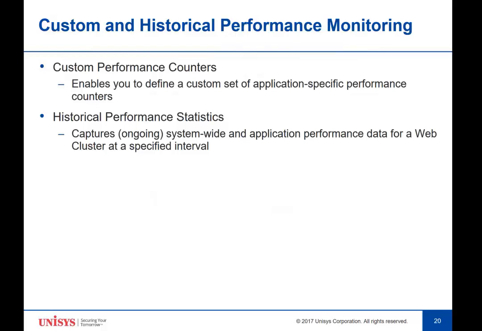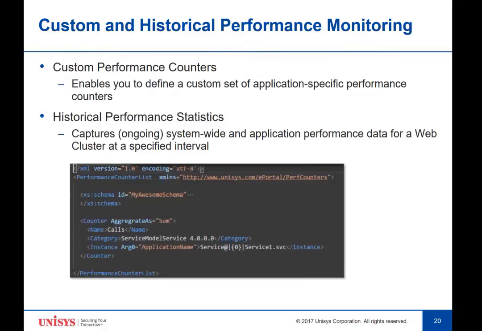Now, if we look at the performance counters, the way we've implemented this is you can optionally include an XML file with your application. Here's an example of one. And you'll see in here we have some attributes: the name of the performance counter that you want to capture, some other information about it, how you want to aggregate the data across clusters and so forth.